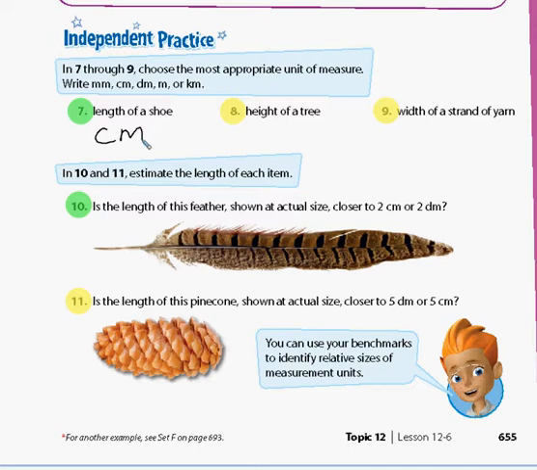So we're going to go with the 2 decimeters. Okay, and 11. You can do this one on your own. Is the length of a pine cone shown in actual size closer to 5 decimeters or 5 centimeters? So look at the next page.